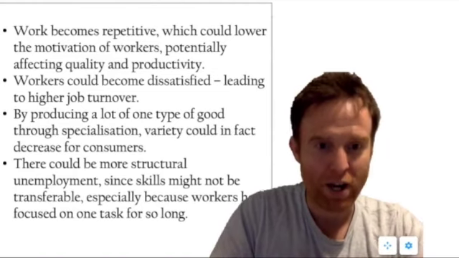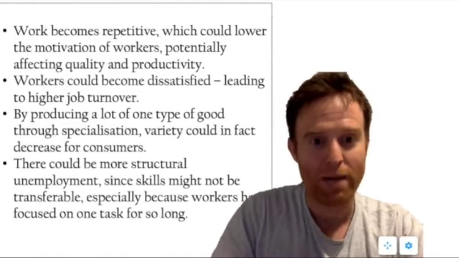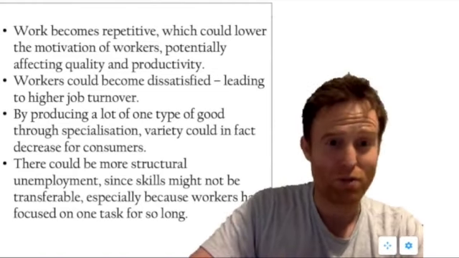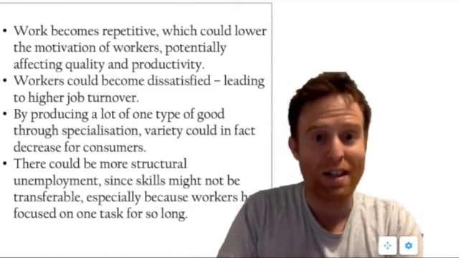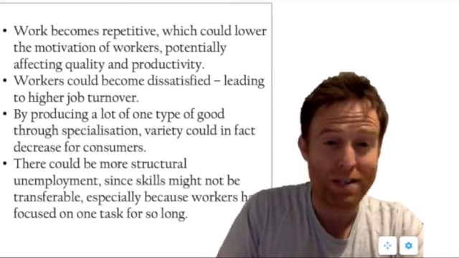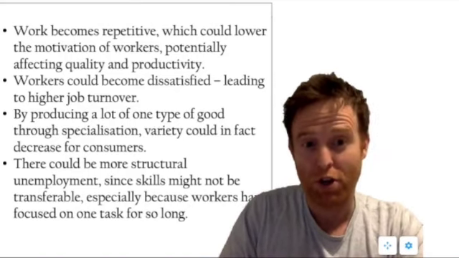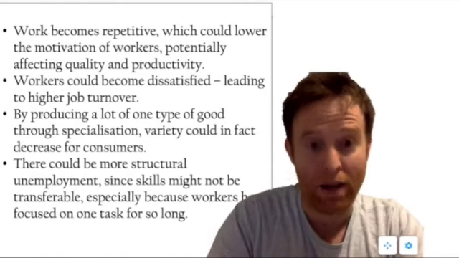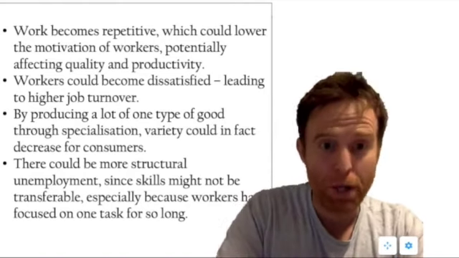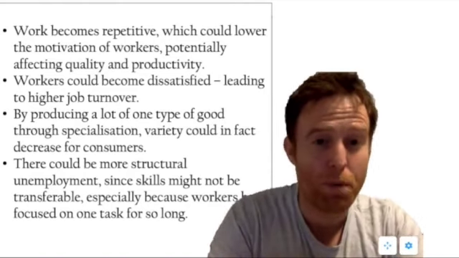They'll have to retrain. And have they got the ability to retrain? If they haven't got the ability to retrain, or their family circumstances don't allow it, then that means they'll probably have to accept a job which is less productive for the economy. So there are problems with specialisation from an employee point of view, a company point of view, but also a whole economy point of view as well.